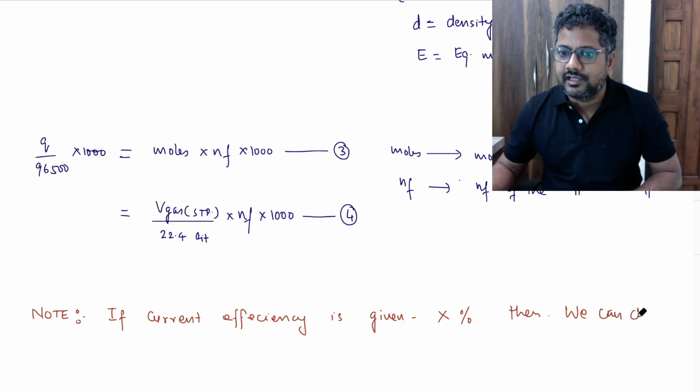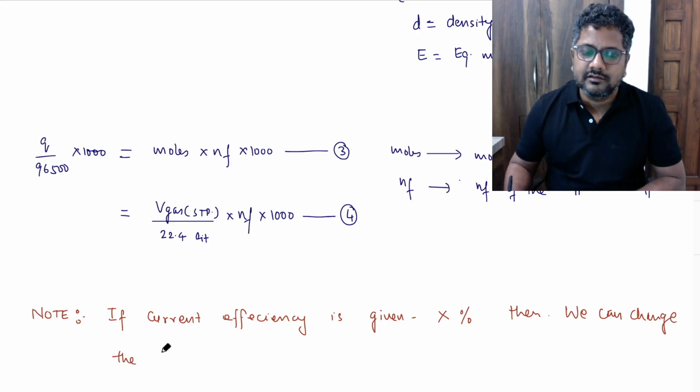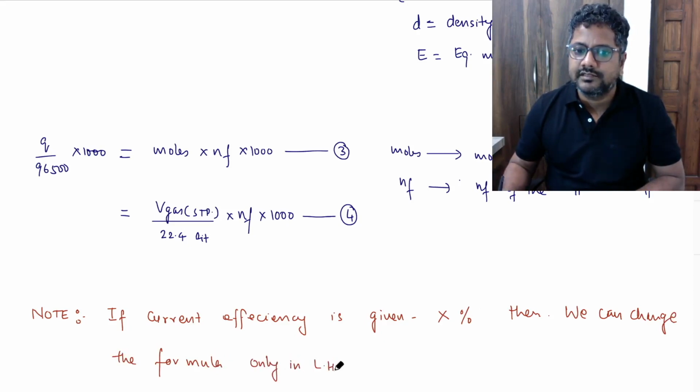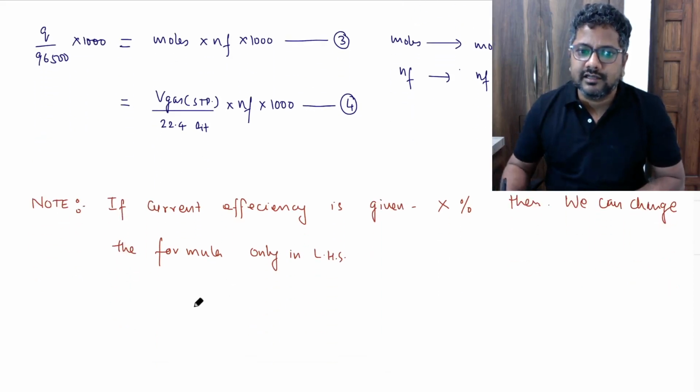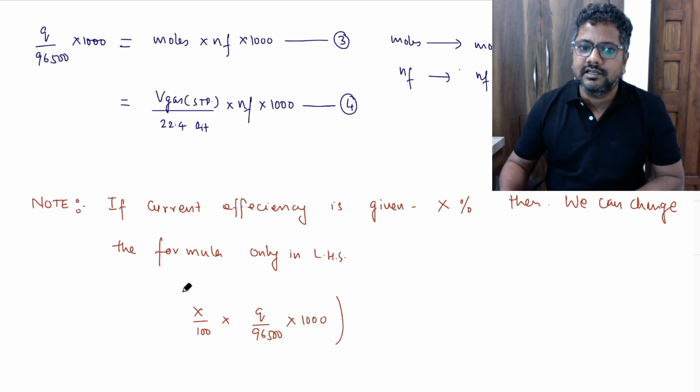In the left hand side you take X by 100 into Q by 96500 into 1000. Now this is the milliequivalents of charge.